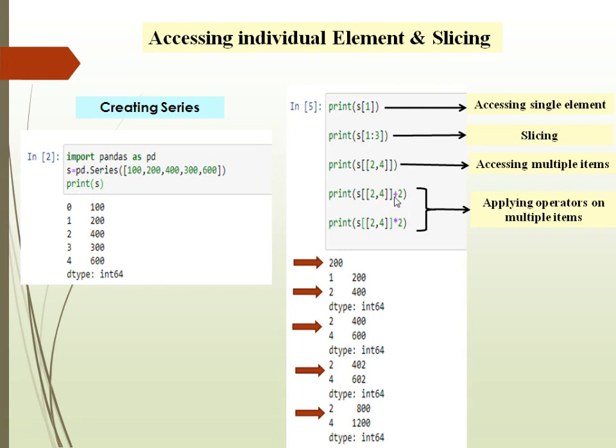When we add 2 to 400, the answer is 402. When we add 2 to 600, the answer is 602. Multiplication also affects in the same way. Multiplication gives me 800 and 1200. Clear? This is how you apply operators on multiple items. You can also apply the operators on a single item. Clear?